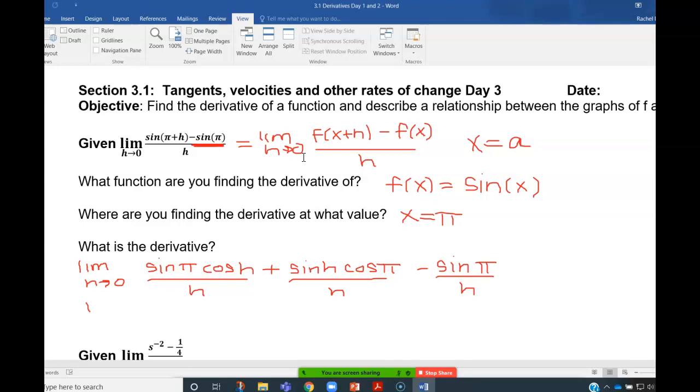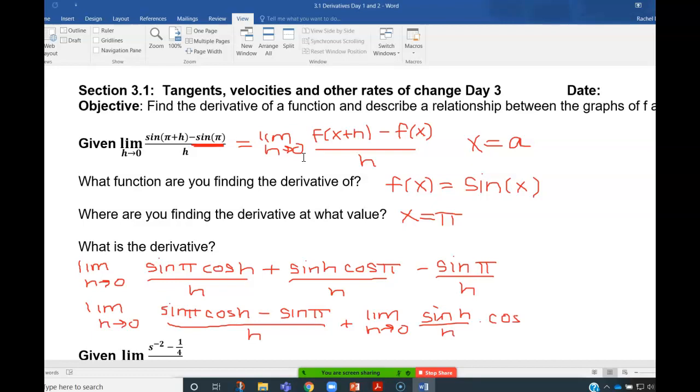So I can rewrite this as the limit as h approaches 0 of sine pi cosine h minus sine pi all over h plus the limit as h approaches 0 of sine h over h times cosine pi.